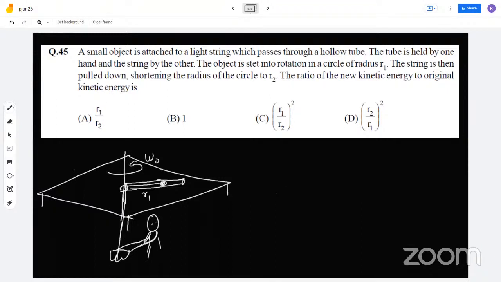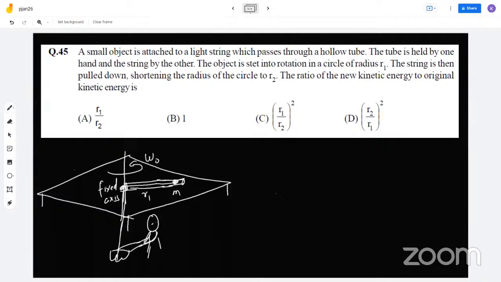Okay guys, then how will we do this? The radius was r1, then you shortened it and the radius became r2. So how will you attempt this question? About this fixed axis, you can find the kinetic energy.